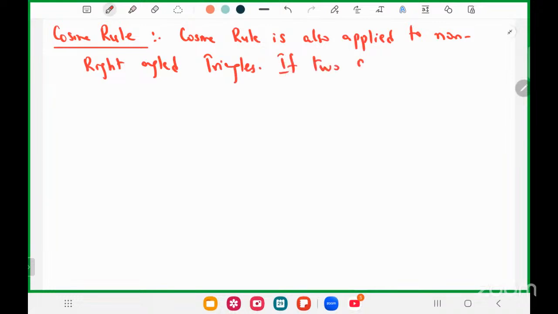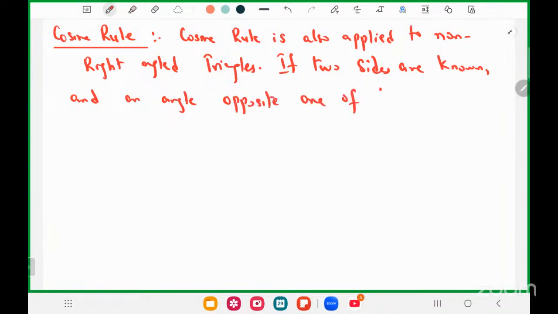If two sides are known and an angle between the two known sides is given.